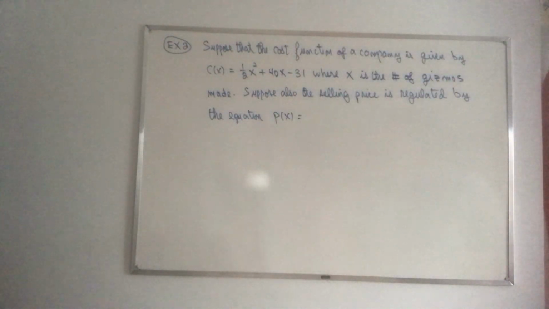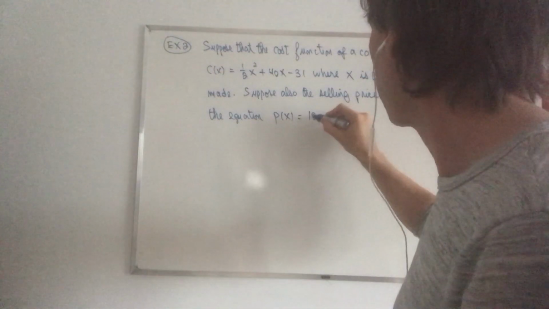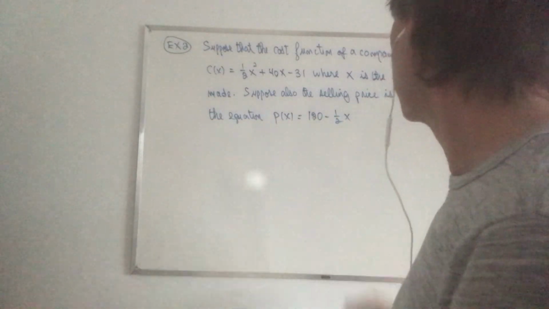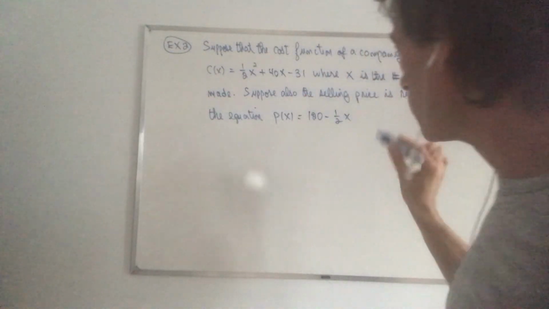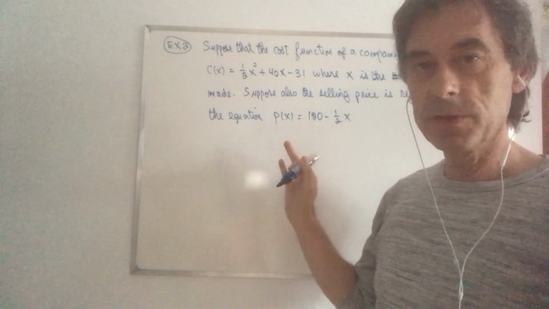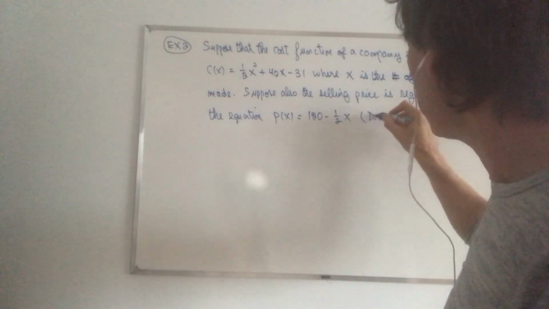We could have something like this. This, ladies and gentlemen, is something in economics that appears very often. It is known as a demand function, basically. So this is a demand equation.